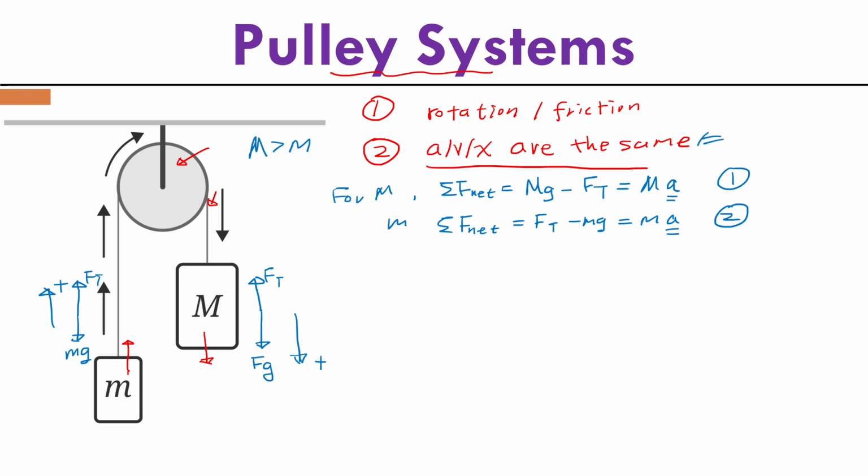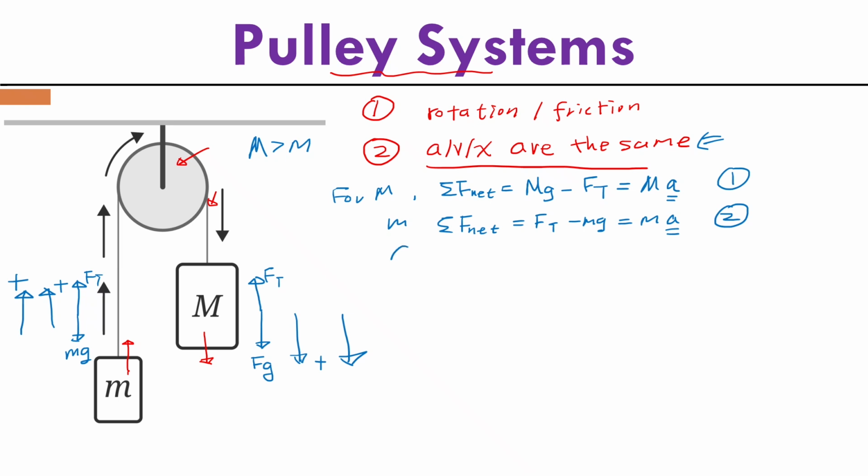We have discussed right here, right? The other thing you need to pay attention to is that because big M is moving down and small m is moving up, I want my positive direction for big M going down and my positive direction for small m going up, right? That's how we get these two equations.